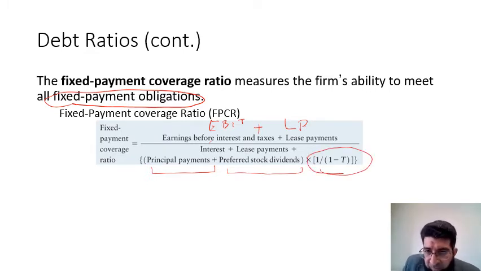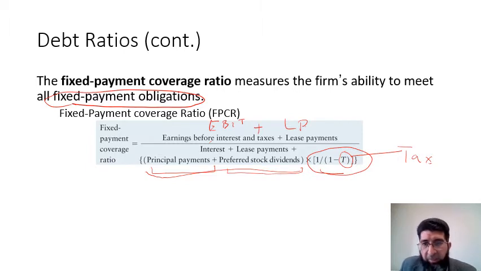Basically 1 divided by 1 minus t, where t is the tax rate. In fact, we divide by 1 minus t to bring these figures back to pre-tax level. So we know that preferred stock dividends are paid after taxes, principal payments are paid after taxes. So we bring these figures back to pre-tax figures by dividing by 1 minus t.